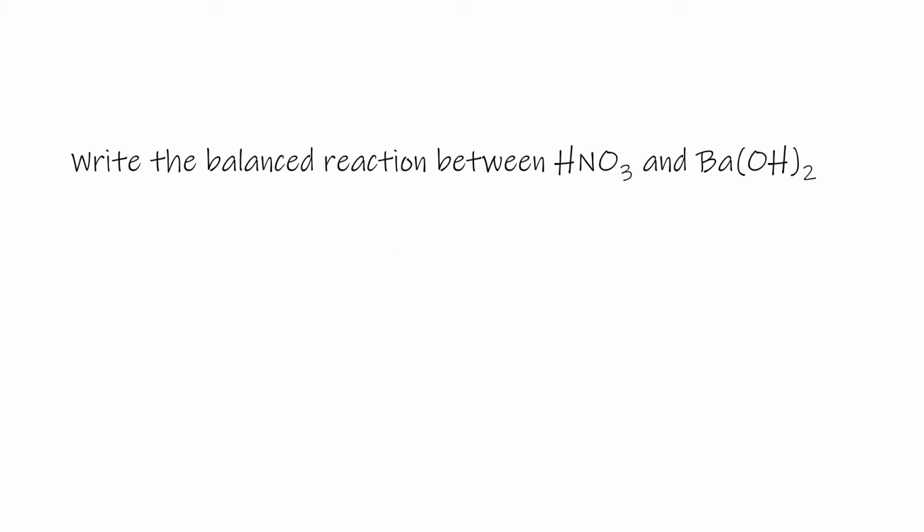Let's look at one more reaction here, and we're going to write the balanced reaction between nitric acid and barium hydroxide. So we'll start by writing our reactants, HNO3 plus barium hydroxide. And again, we're going to get water as one of our products, and then we'll get our salt as our other one. So it's going to be between barium, that's our cation, and the nitrate.